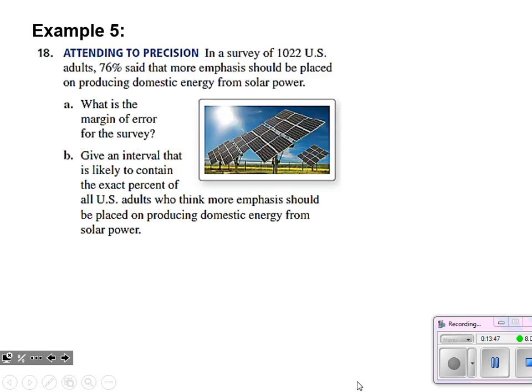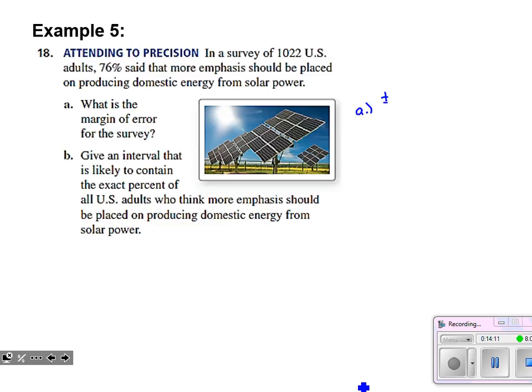Right, and our final example, in a survey of 1,022 U.S. adults, 76% said more emphasis should be placed on producing domestic energy from solar power. Letter A says, what is the margin of error for the survey? Okay, well, 1,022 U.S. adults, there are many, many more adults in the population than that. So we're going to have some error in using this relatively small sample.